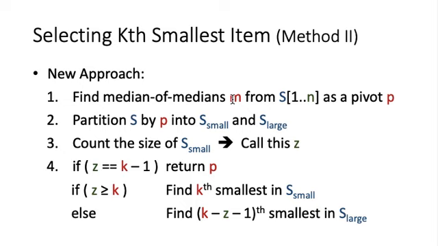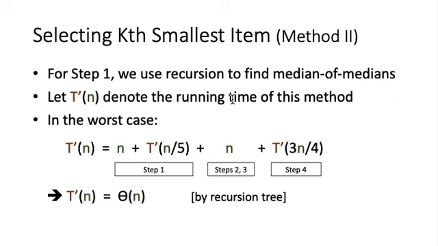This is exactly the same type of problem that we are solving, selecting a particular smallest item from a group of numbers. So for step 1, we are going to apply recursion in order to find the median of medians. Here, let us use T prime of n to denote the running time of this method 2.